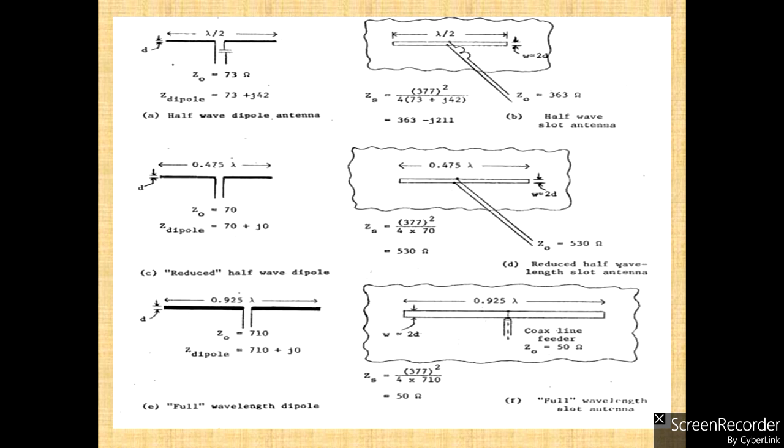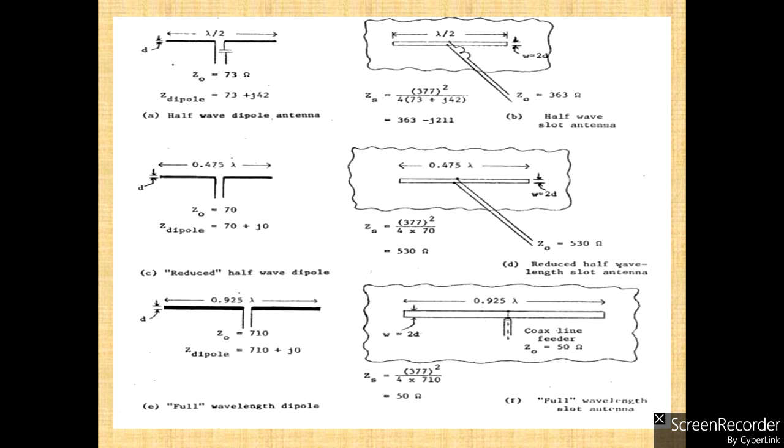Similarly, the next one is the reduced half-wave dipole. If the length is less than 0.5 lambda, the dipole impedance is 70 plus j0, and Zs will be 530 ohms for the reduced half-wave length slot antenna. The next one is the full-wavelength dipole, approximately 0.925 lambda.